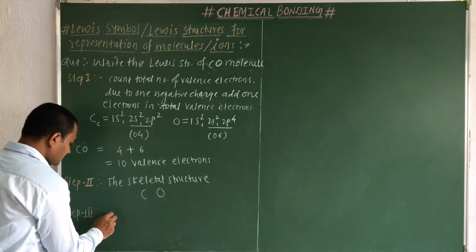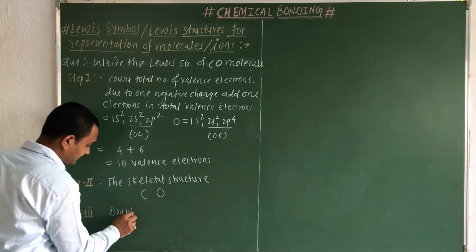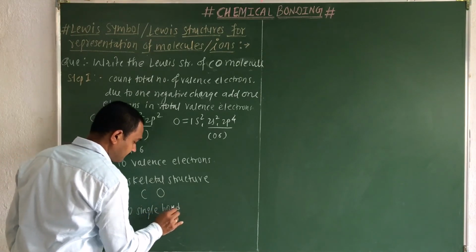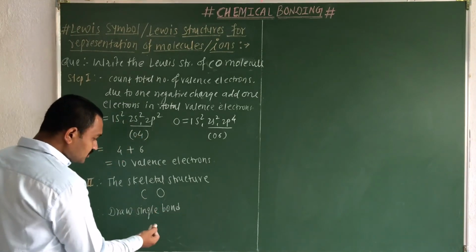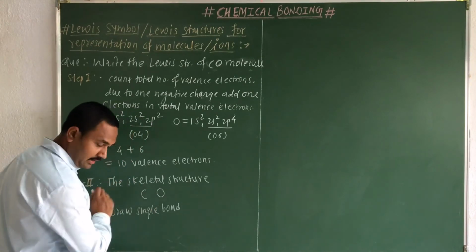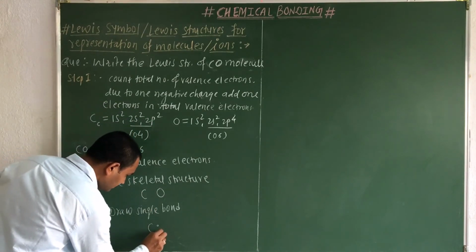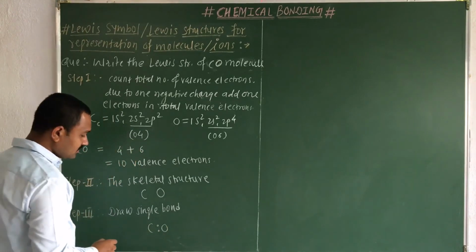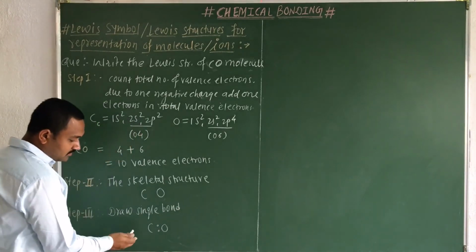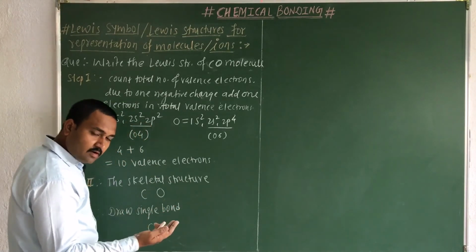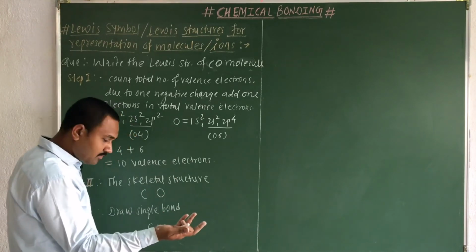So draw the single bond, that means we show one pair between the oxygen and the carbon. We know that once we draw the bonding pair, the remaining electrons will be considered as lone pairs or used for a double bond or triple bond.